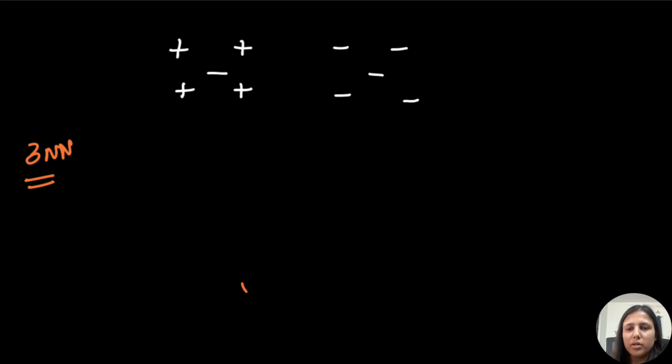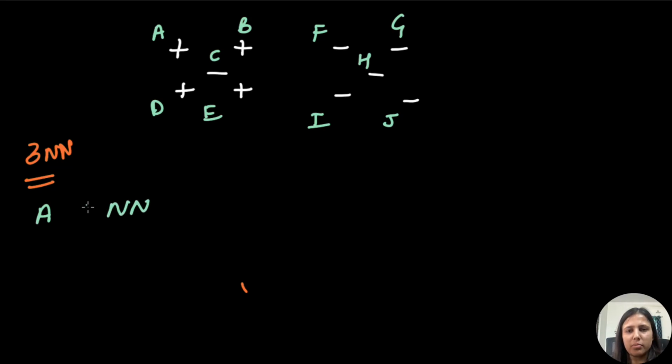Let's again label these points: A, B, C, D, E, F, G, H, I and J. Let's talk about A first. You can see this distance is 1, this distance is root 2 by 2 and this distance is 1 again.